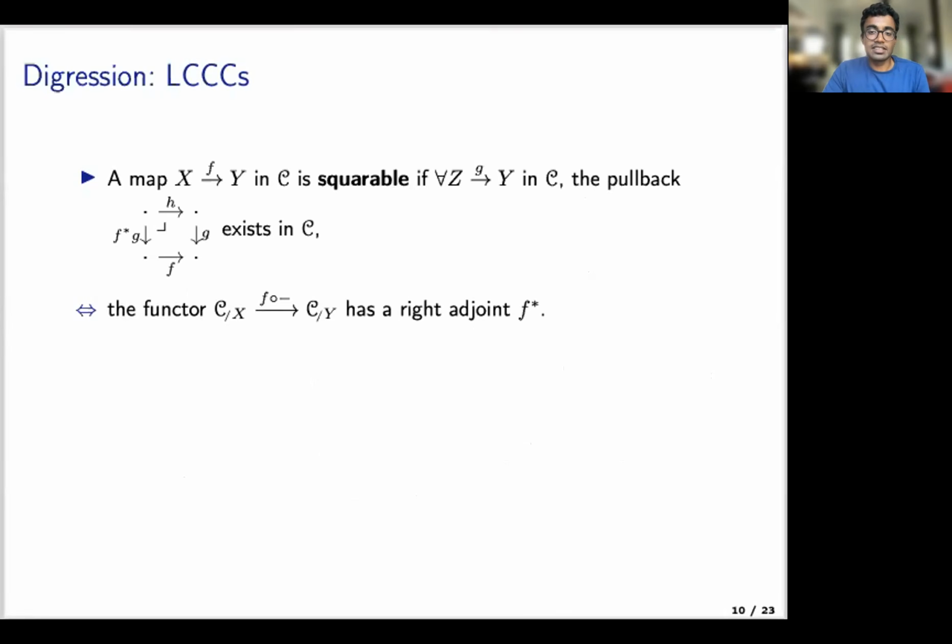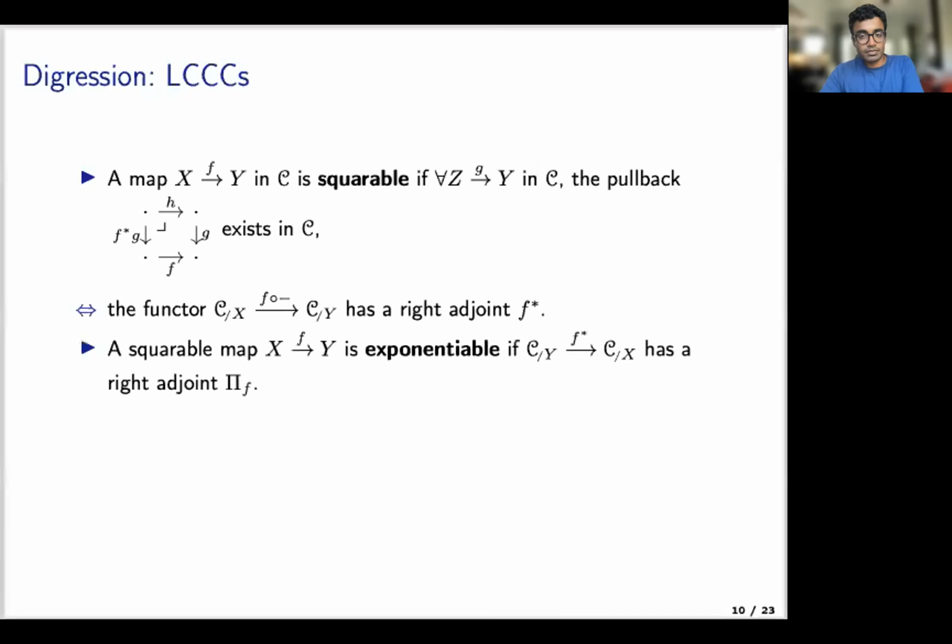And this is the same thing as saying that the functor of post composition with this map, so that goes from the slice category over the domain to the slice category over the codomain, has a right adjoint. That's the pullback functor. And we say that a squareable map is exponentiable if this right adjoint has a further right adjoint.